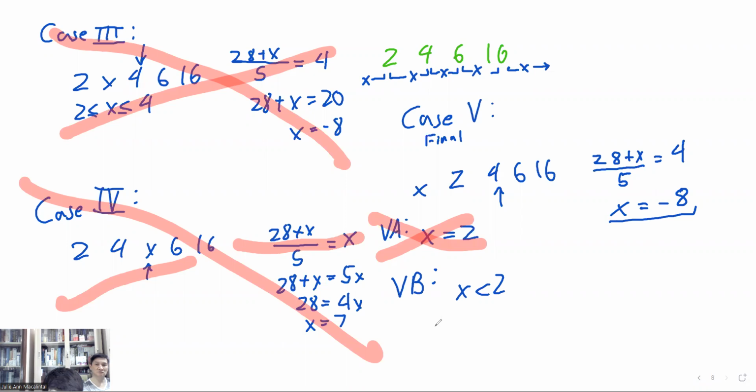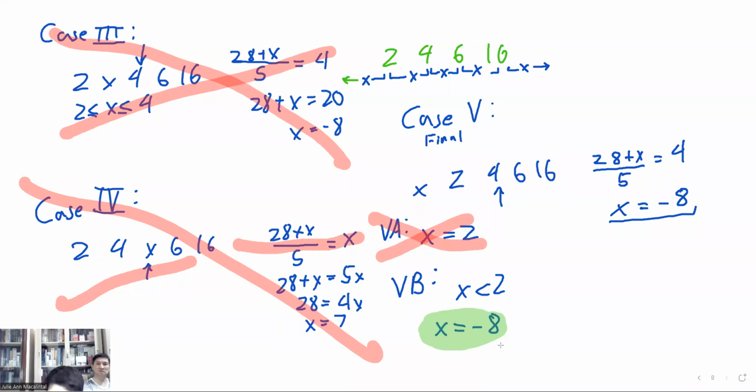So -8 is in fact a root. So x equals -8 for this subcase. I think we explored all cases. So it is legal for us to do anything behind 2 completely.